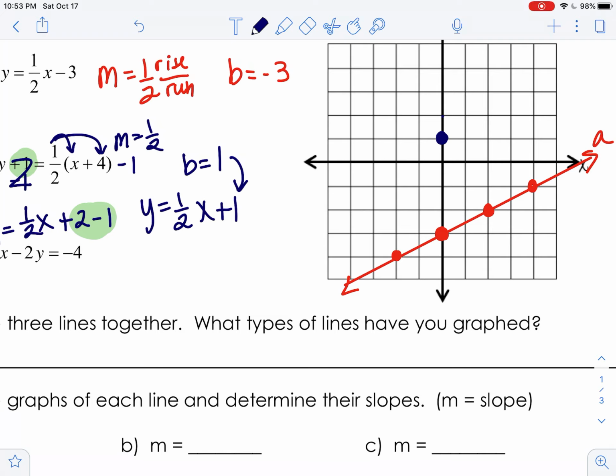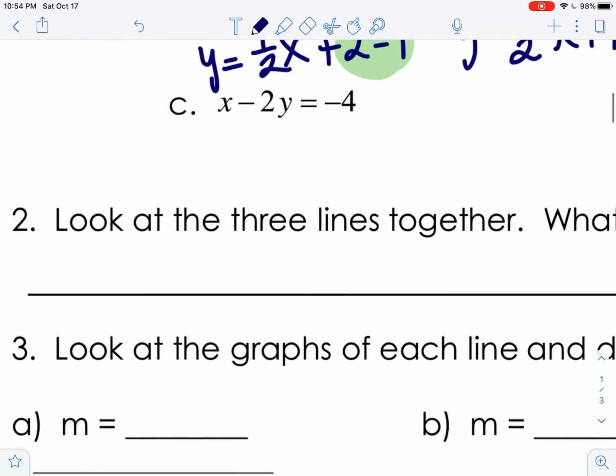So we take it up 1 over 2. Up 1 over 2. We can go the other way, down 1 over 2. Down 1 over 2. So here we go. Here's our second line, our B.